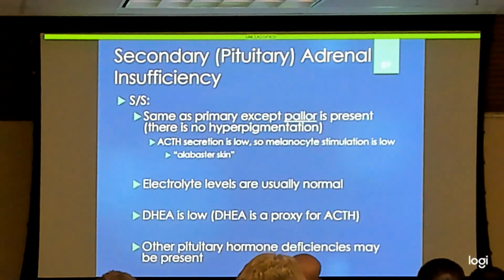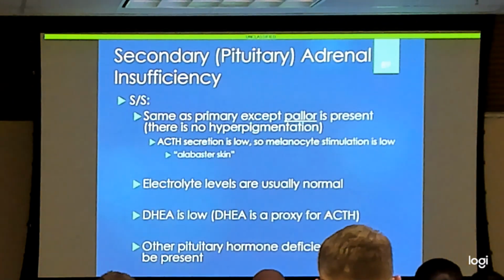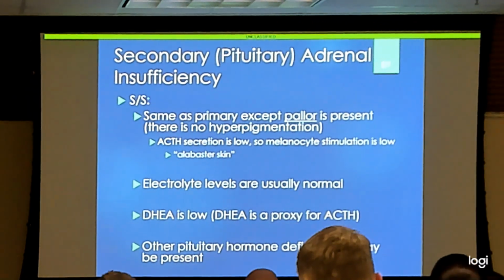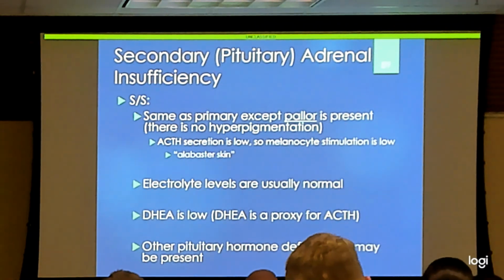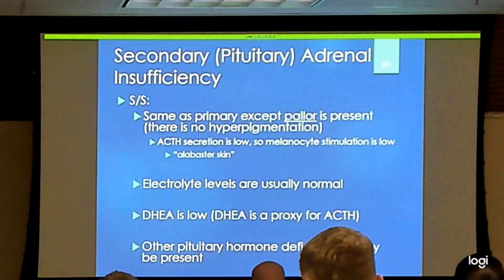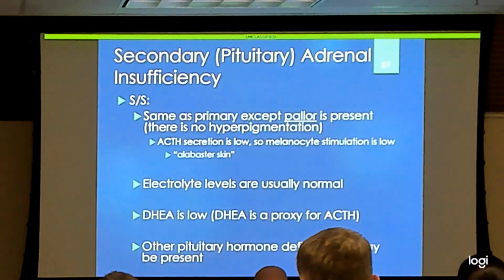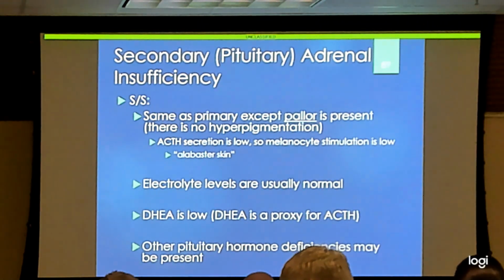Alright, so some features in this one. If I have secondary pituitary adrenal insufficiency, I do not get hyperpigmentation. Why do I not have hyperpigmentation? Exactly, ACTH is low, because remember, ACTH is the reason for the bronze skin in primary.